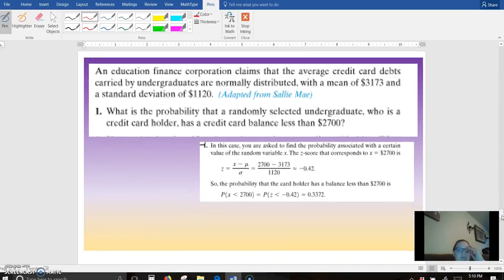All right, number 1. And so I did this so you wouldn't have to see my horrendous handwriting. Oh, you know what we did on? Oh, Kelly. Okay, you didn't have to see my horrendous handwriting. All right, so we want an undergrad less than $2,700, minus the mean, standard deviation 1120.